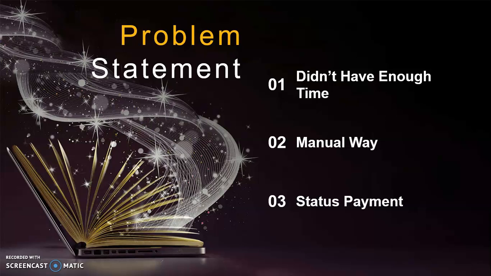Then, by using the manual way, paper use also becomes a waste, because the tuition center needs to write each receipt that is paid by students. Parents that are always busy and don't have time to pay tuition fees don't know and forget about the payment status for that month.